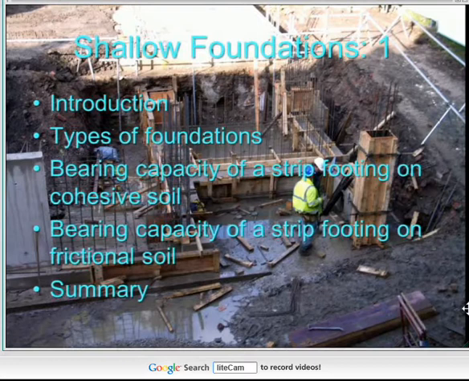Before I move on from this slide, the pictures I use are often from things around campus, and this particular photograph is, well, there's a strip footing running along here, and it's actually been combined, not just a strip footing to support some columns, you can see columns going up in various places, but along this bit, a retaining wall, and this is all part of the newer part of the Earth Sciences building, built about 2 years ago.